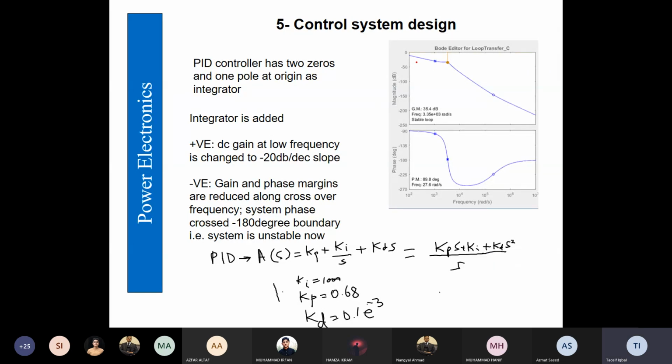So first we added an integrator, and you can see that the loop gain, the Bode plot, is now with high gain at low frequency instead of the constant gain. But due to the integrator, the phase margin becomes poor because our phase plot crosses the minus 180 degree barrier. So the system becomes unstable.